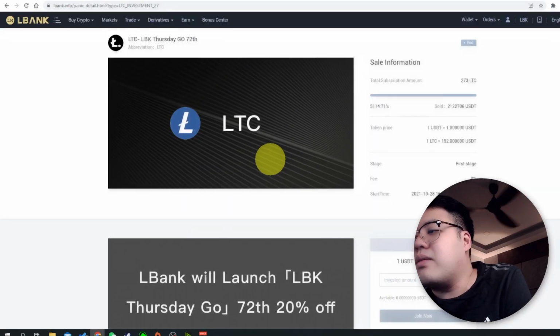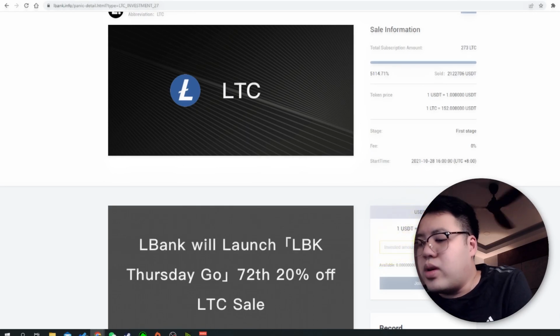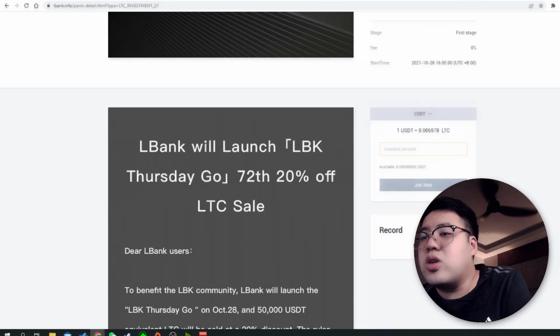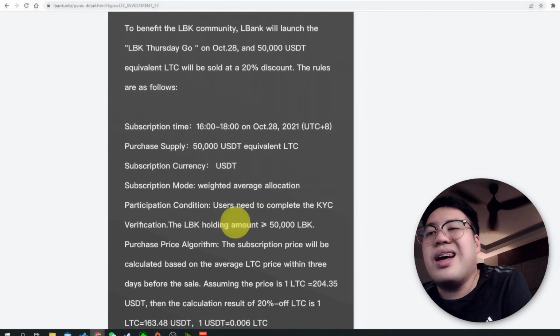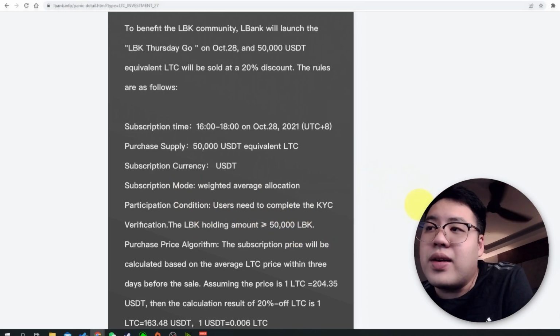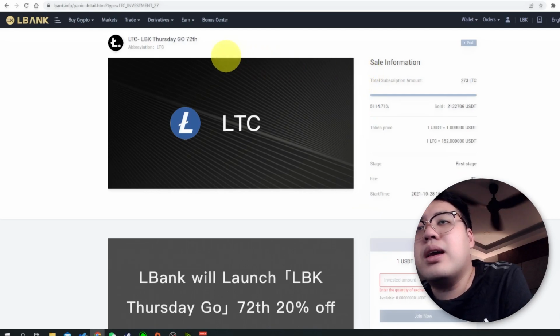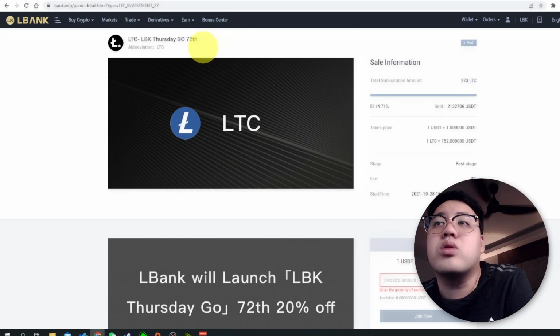For example, if you click on it, you can invest using your USDT, put in how many USDT you want, and just click join now. But the criteria is you need to have at least more than 50,000 LBK to participate in this event. So if you want to join this event, remember to buy some LBK.